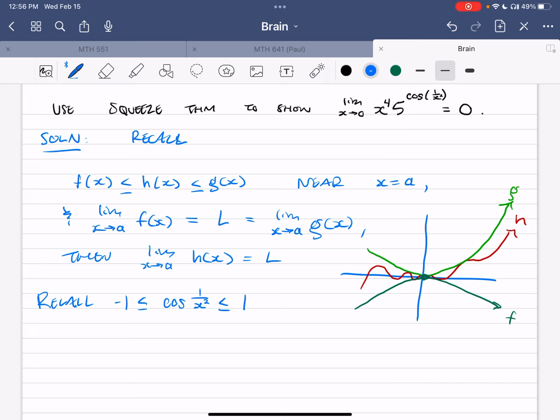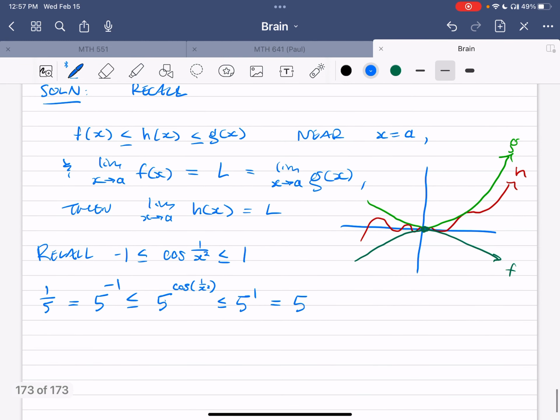Okay, so if that's true, then 5 to the negative 1 is less than or equal to 5 to the cosine of 1 over x squared, which is less than or equal to 5 to the 1. And I'm going to rewrite this as 1/5 and this as just 5.